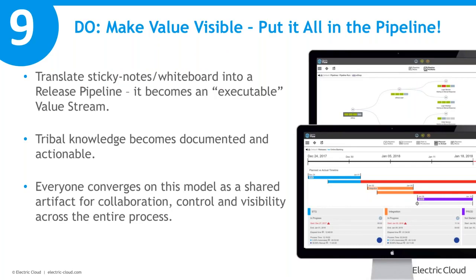I really have to embrace my inner crappy first draft. When I sit down with a blank sheet of paper, it's a lot easier to edit. So, when it comes to coming up with a pipeline, get everybody in the same room and get the whiteboard out or the paper out or the sticky notes out. Do whatever you've got to do to figure out how it is that you actually do these things.